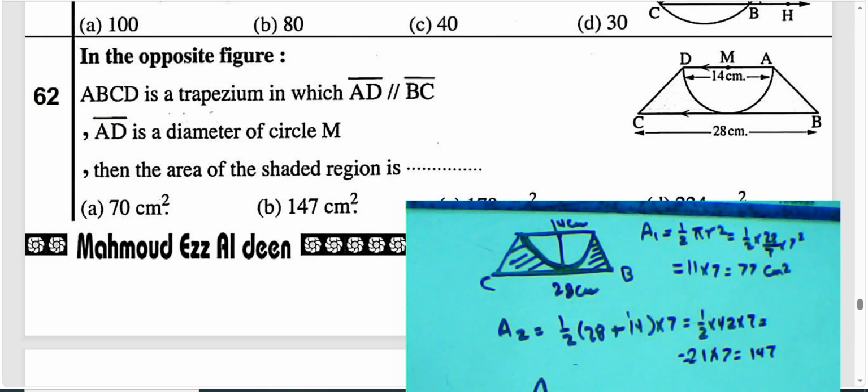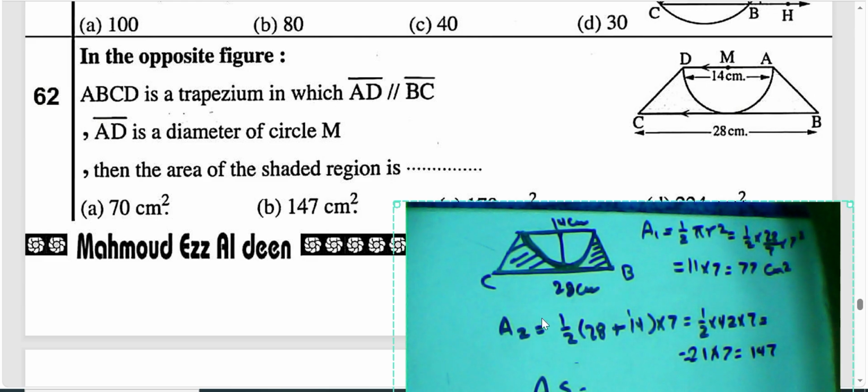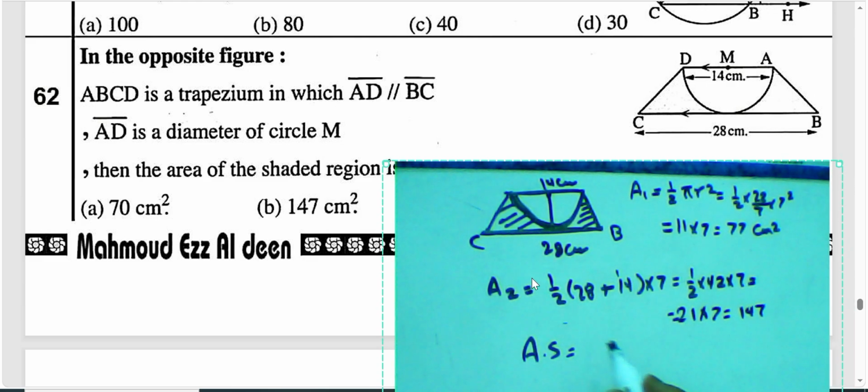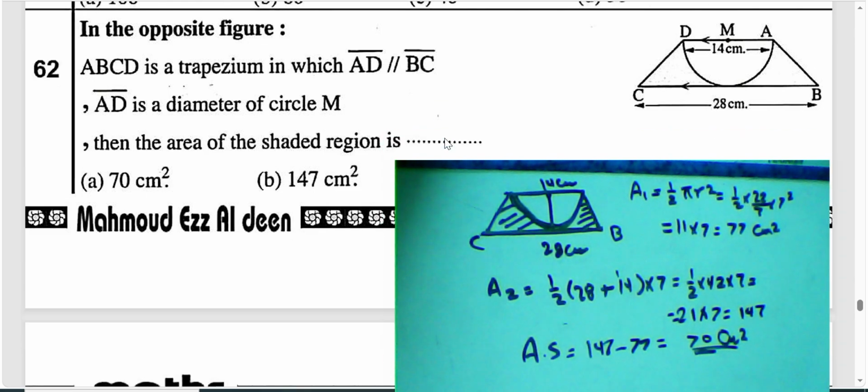Then the area of the shaded part: we can find the difference between the two areas, area 1 and area 2. 147 subtract 77 equals 70 square centimeters. Choose letter A. Okay. Next question.